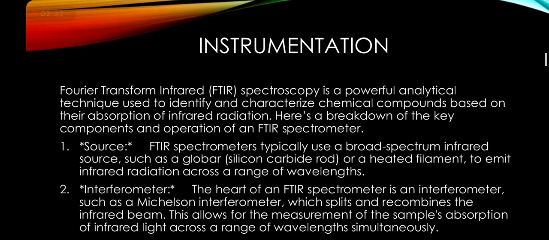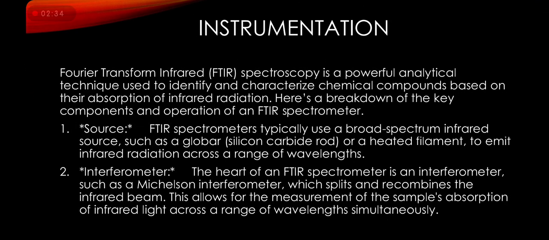Now we will discuss the instrumentation. Fourier transform infrared spectroscopy is a powerful analytical technique used to identify and characterize chemical compounds based on their absorption of infrared radiation. Here is a breakdown of key components and operations of an FTIR spectrometer.